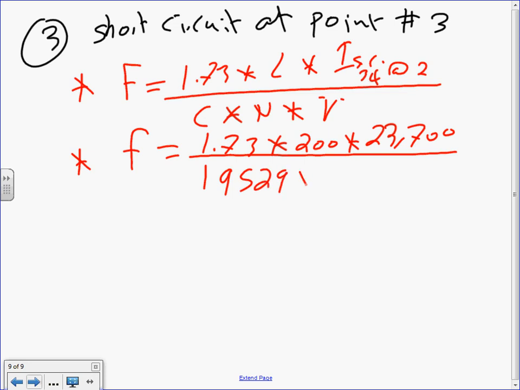19,529 times, how many runs are we going to the second panel? 2 runs. Thank you. What's the voltage? Still the same voltage, 480. 480 volts. Now I need 2 of my favorite friends to give me the answer, please, and I need agreement.